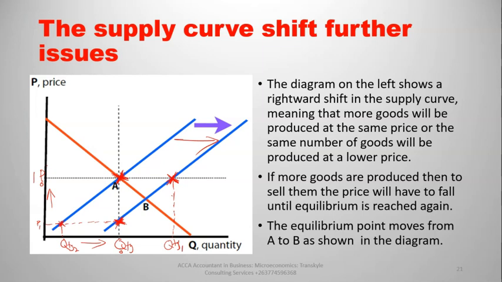However, as more goods are produced, then to sell them, the price will have to fall. It's still the issue of diminishing marginal utility, where we say that as the increment of goods supplied continues, the marginal utility of the good starts to dwindle or fall.